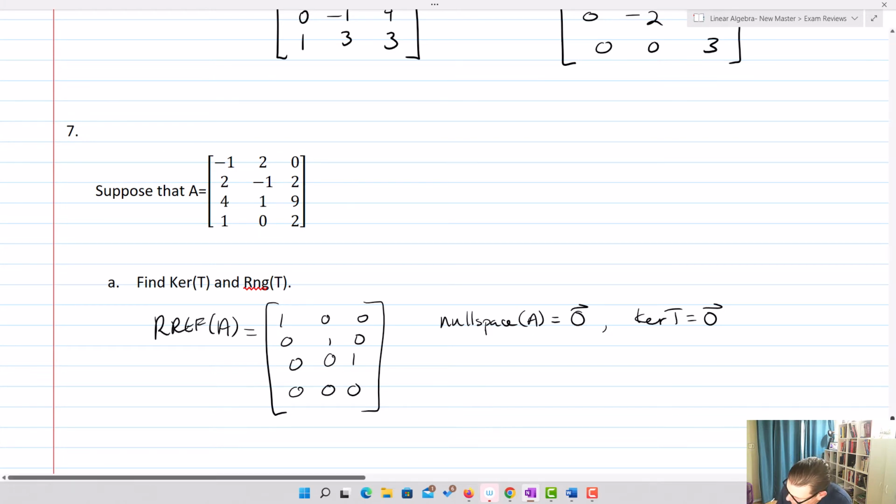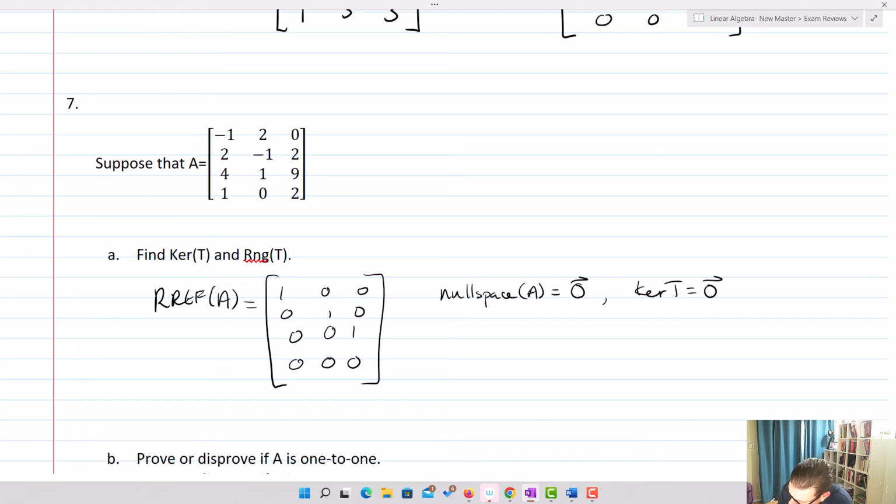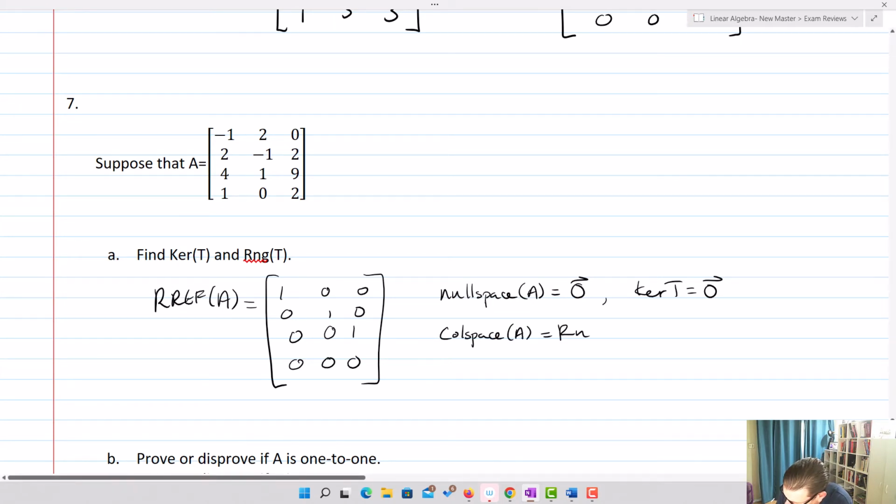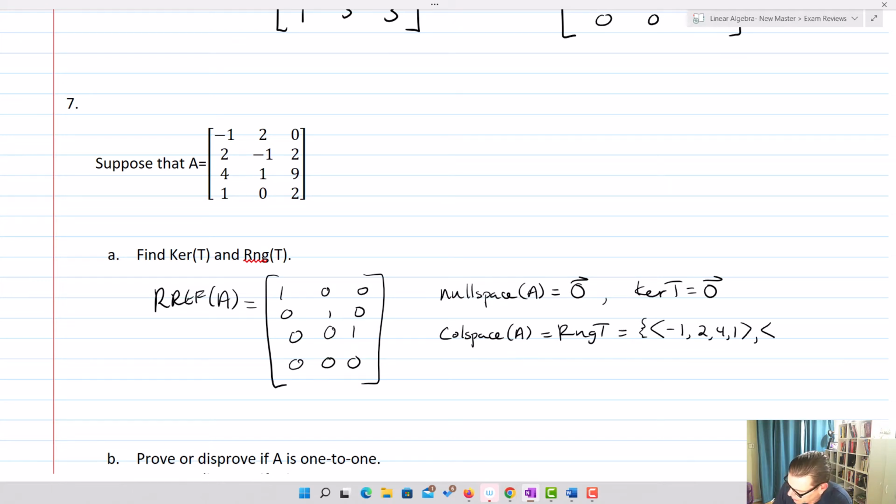So there we are. And then if we look at the range of T, the range of T is going to be basically the column space of A in this case, because we're really just looking at the matrix. So the column space of A, which in this case is going to equal the range of T, is equal to the vectors -1, 2, 4, 1, 2, -1, 1, 0, and 0, 2, 9, 2.